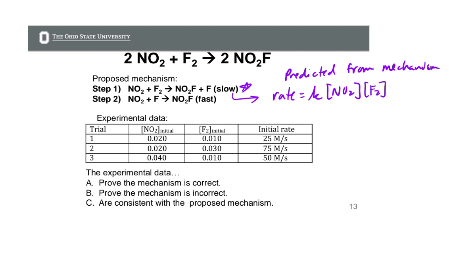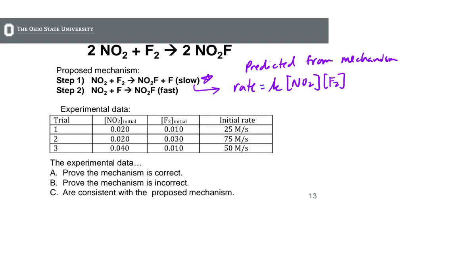So one method that we've described for doing this is to take, for NO2, trial 1 and trial 3 and look at those rates. We're going to have the rate of 50 moles per liter per second over the 25 moles per liter per second.